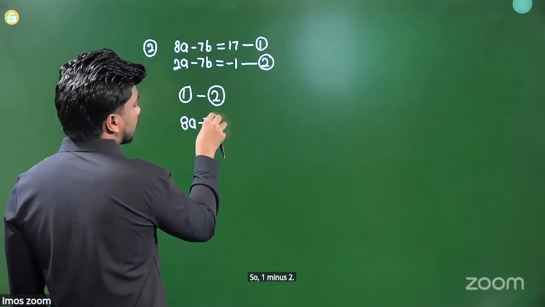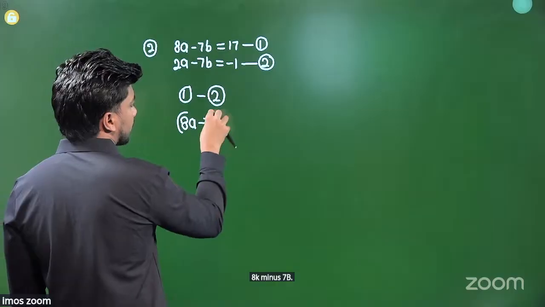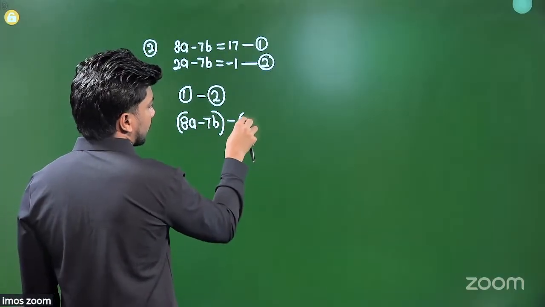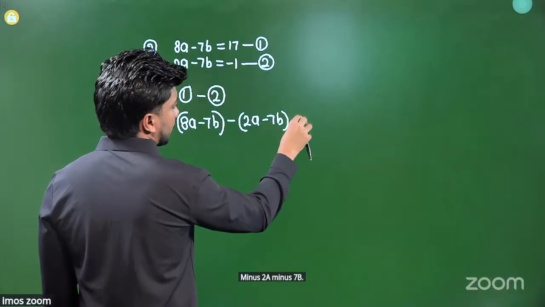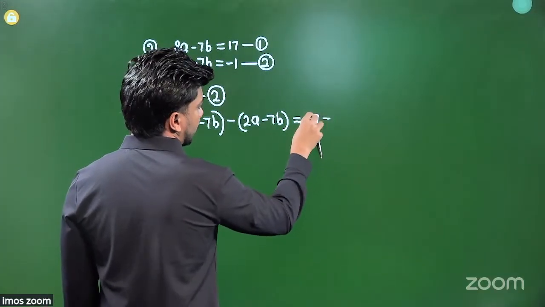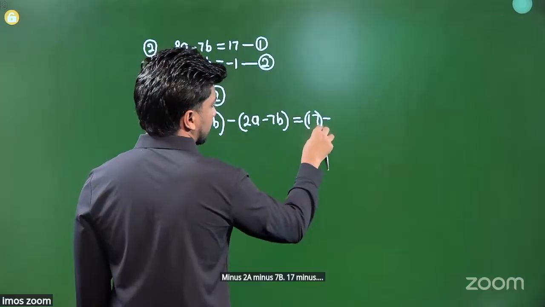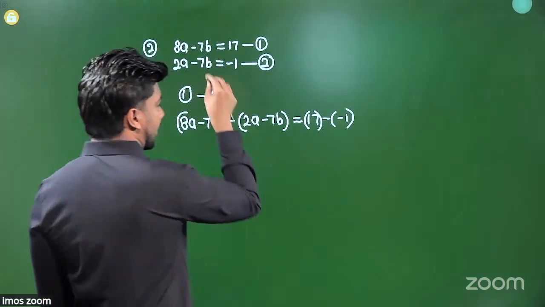8a minus 7b, minus (2a minus 7b), equals 17 minus (minus 1).